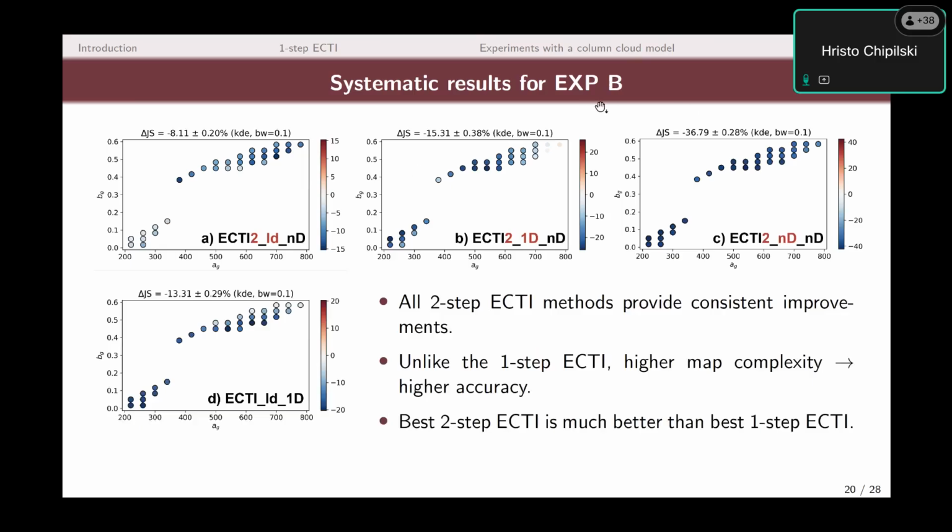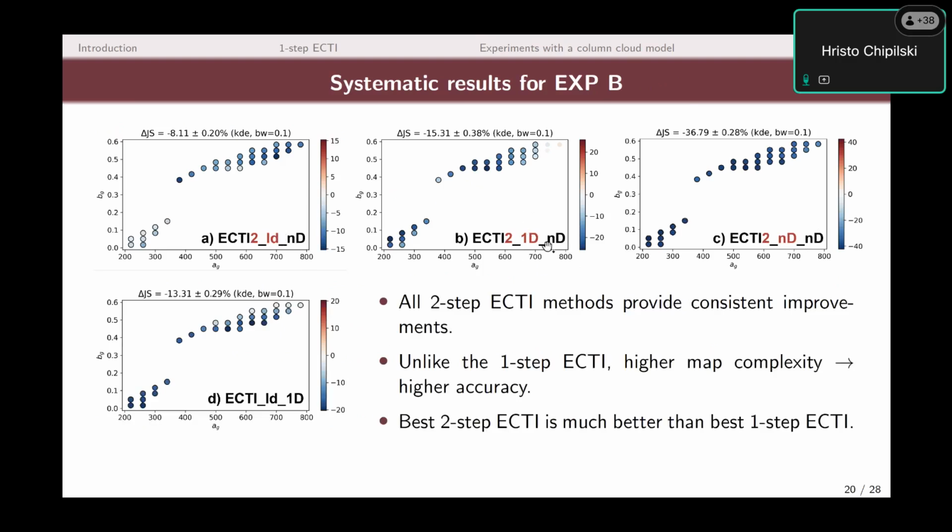Now, going back to this more challenging experiment B, we see that we have a row of three experiments. All of these experiments use multivariate splines in order to parameterize the marginal transport over G. But here we're increasing the complexity of the conditional map, starting from identity, which corresponds to exactly the type of linear regression that is used in DART filters, for example.